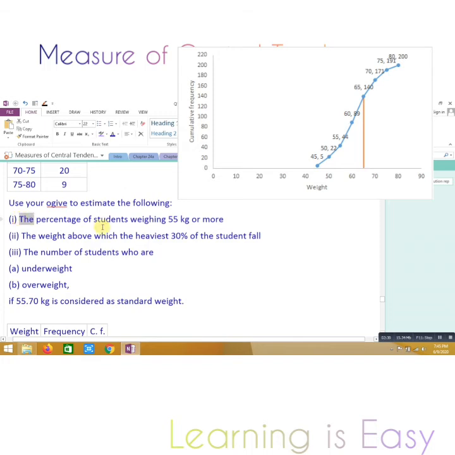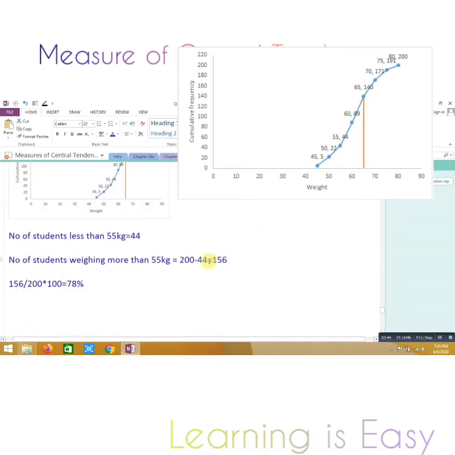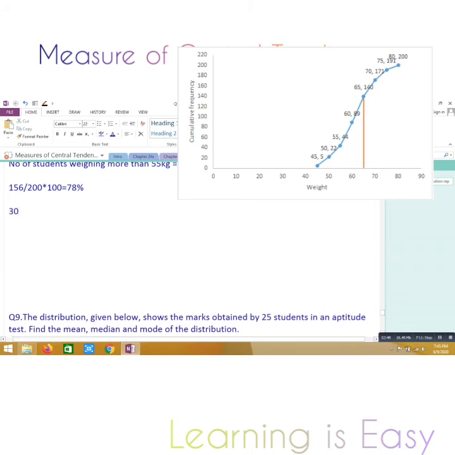Next we have to find the weight above which the heaviest 30% fall. That's the upper limit. Heaviest they have given, so that's the upper limit. 30% of the students in the heaviest range.